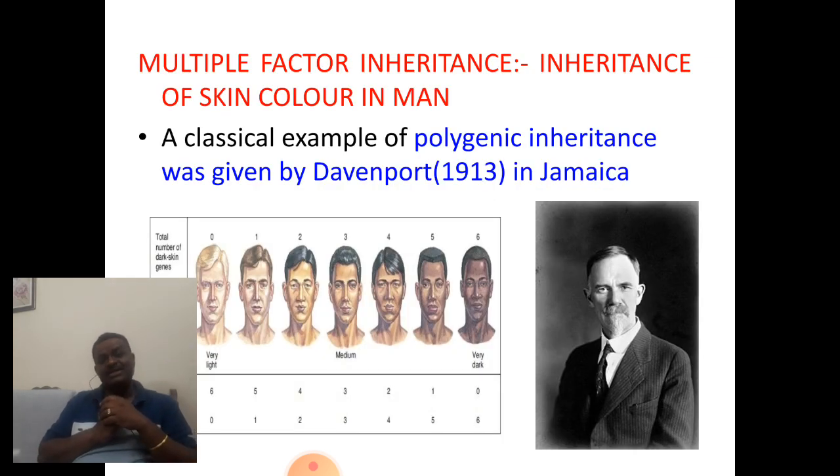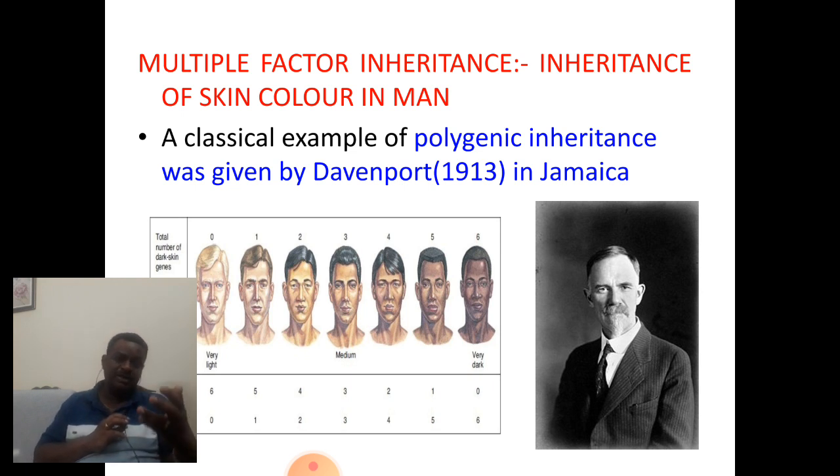Students, after understanding what polygenic inheritance is and the features related to it, the continuous traits, now we shall concentrate on the example of inheritance of skin color in man. As we have discussed earlier, it's a classical example explained by Davenport in 1913 from Jamaica, US.